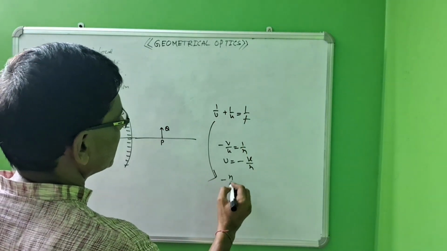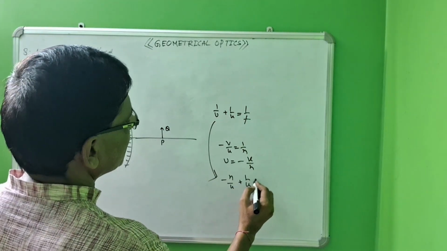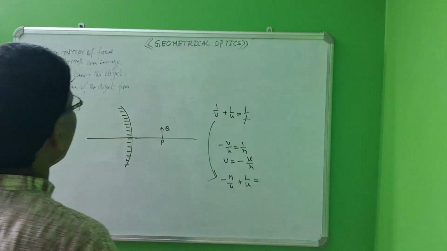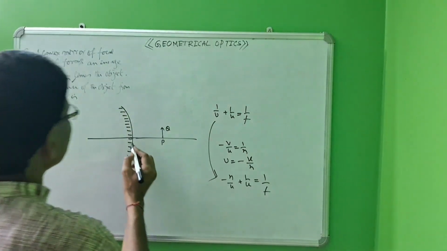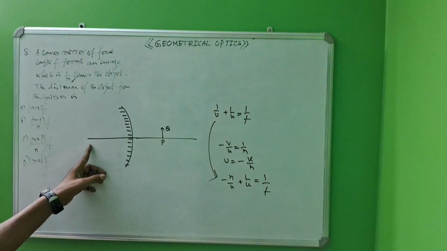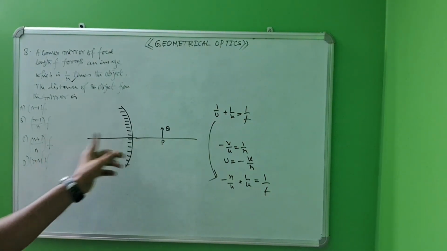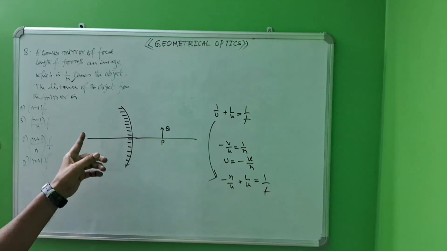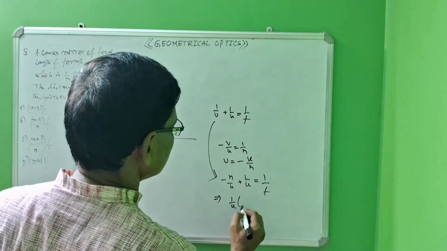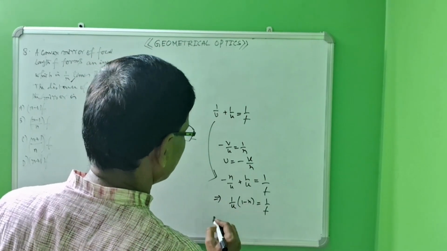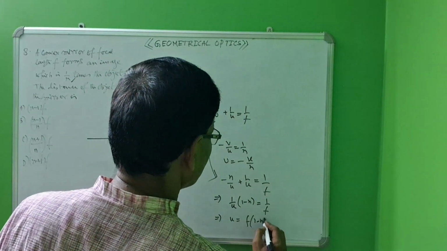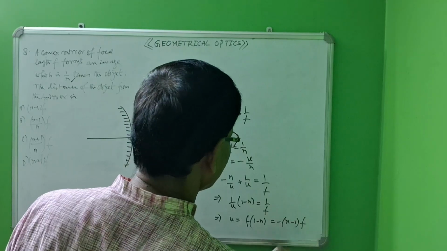Put here minus n by u plus 1 by u equals 1 by f, because for a convex mirror the focal length is along the direction of the ray, so positive. This implies 1 by u into 1 minus n equals 1 by f, implies u equals minus of n minus 1 into f.